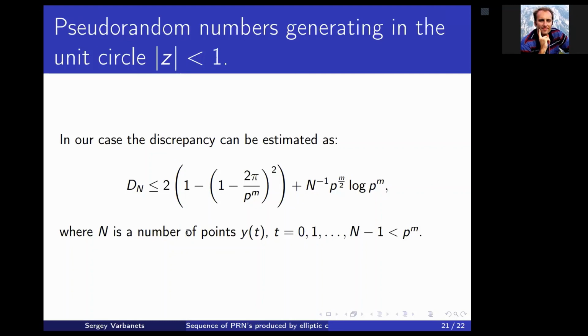And such a discrepancy function for such points we call the angular discrepancy. So in the first case, we call the discrepancy function the interval discrepancy, and in this case of the unit circle, we call it the angular discrepancy.